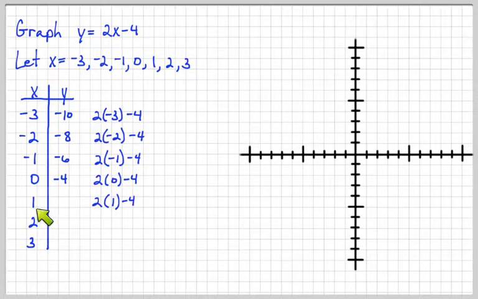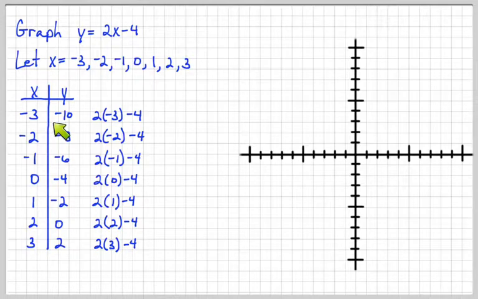Then plugging in positive 1, 2 times 1 is 2, 2 minus 4 is negative 2. 2 times 2 is 4, 4 minus 4 is 0. 2 times 3 is 6, 6 minus 4 is 2.